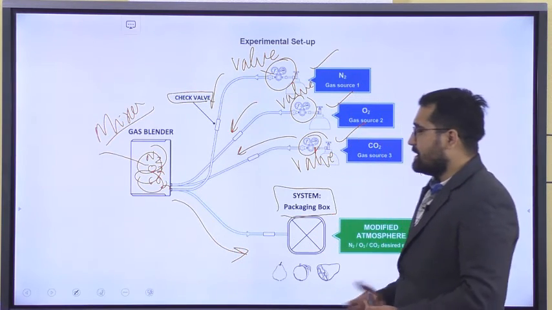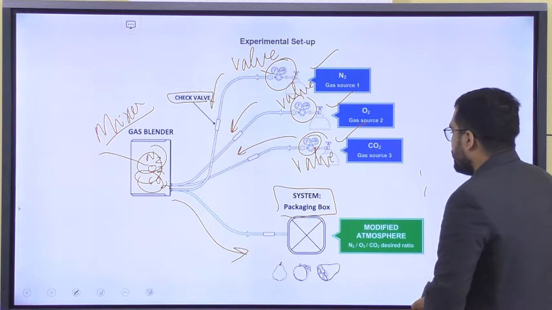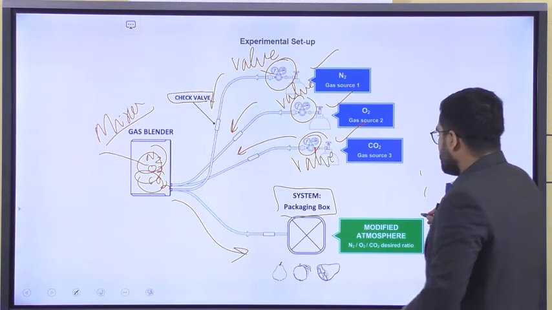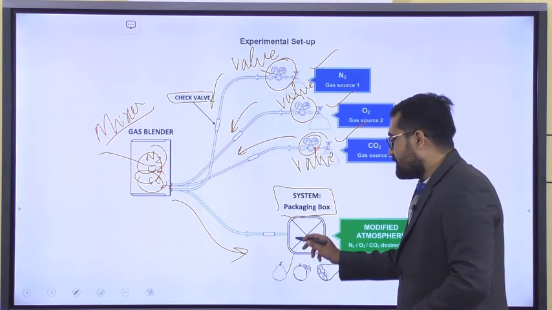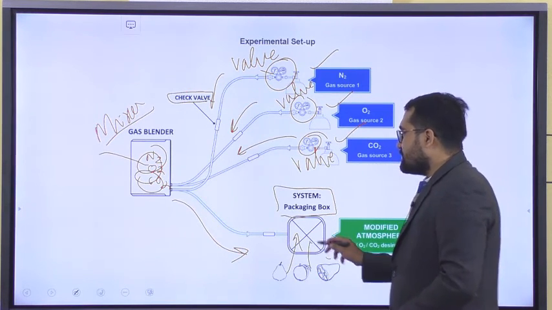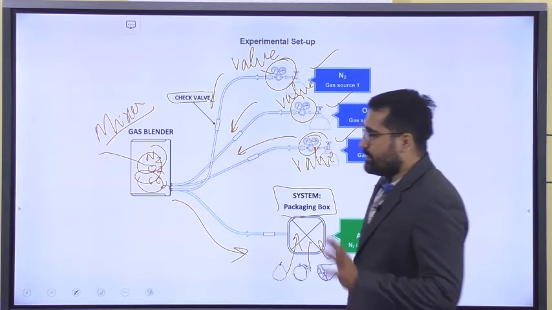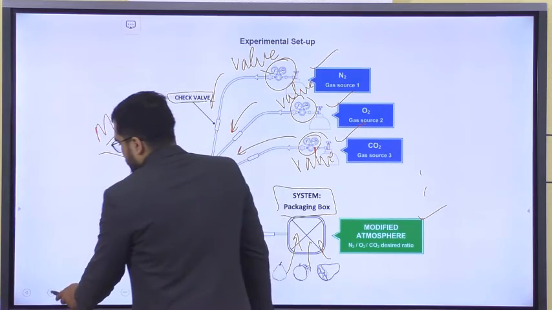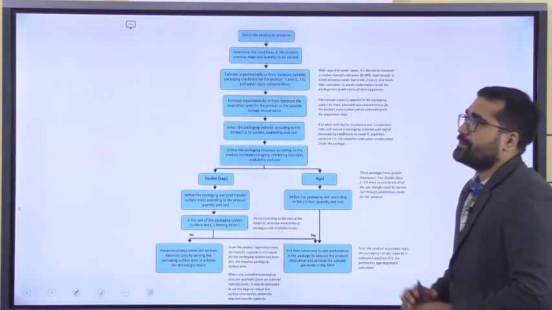We will see these things later, but these are the basic components of MAP. After reaching the desired ratio, the box contains our material as well as the desired CO2, N2 and O2 composition. So how are we going to design MAP?